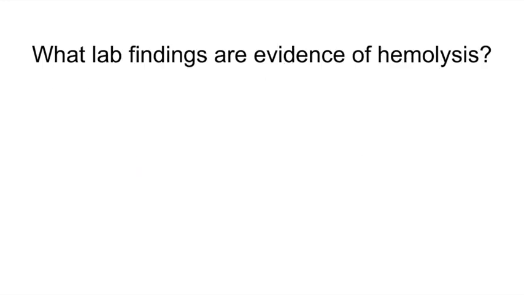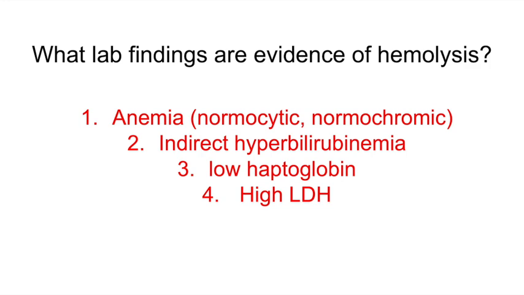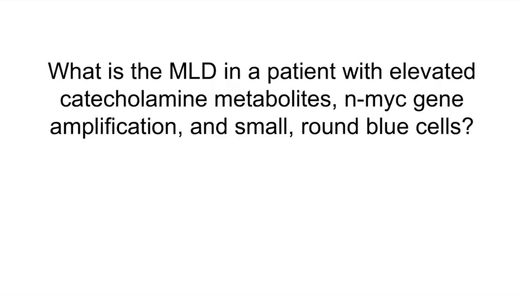What lab findings are evidence of hemolysis? Anemia, indirect hyperbilirubinemia, low haptoglobin, high LDH. What is the most likely diagnosis in a patient with elevated catecholamine metabolites, NMYC gene amplification, and small round blue cells?